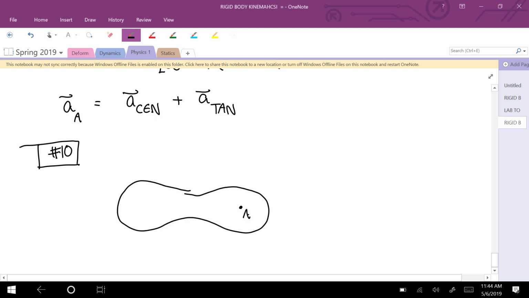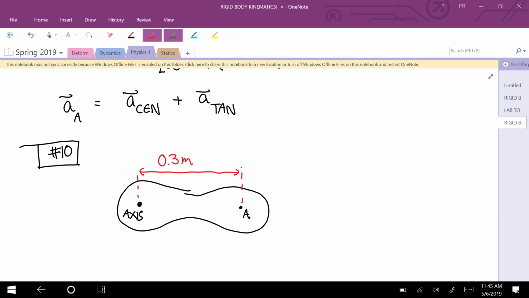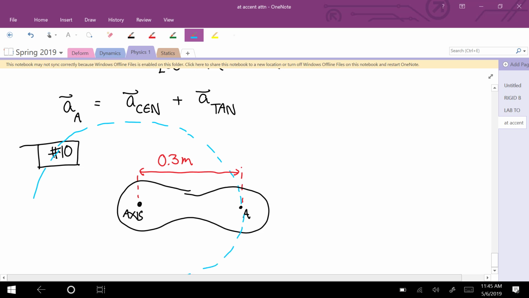And the point A is here, and the axis of rotation is here. And we're given that there's a distance between these two points of 0.3 meters. And so this point A is moving in a circular path around the axis. So its circular path is something like that.